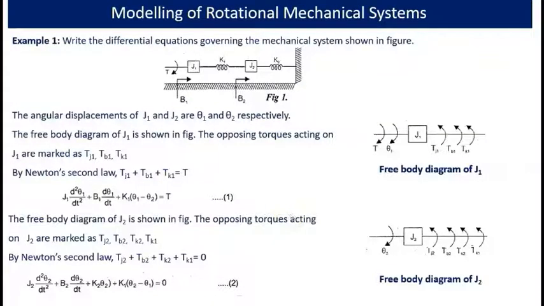Now one problem. Write the differential equations governing the mechanical system shown in the figure. Let the angular displacements of J1 and J2 be theta 1 and theta 2 respectively. The free body diagram of J1 is shown in this figure. The opposing torques acting on J1 are marked as Tj1, Tb1 and Tk1, in the opposite direction.